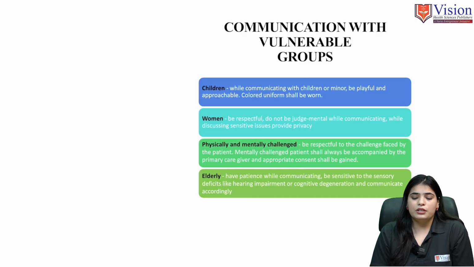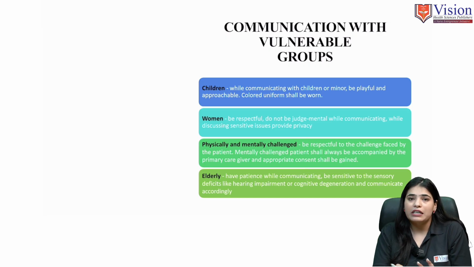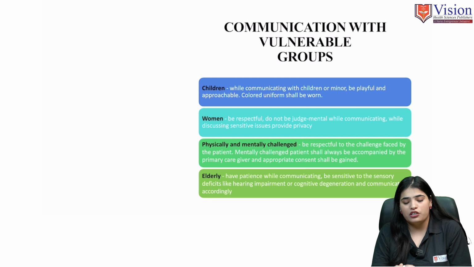So how will you communicate with vulnerable groups? As you know, children, women, and physically and mentally challenged people are the vulnerable groups. So how will you communicate with them? If children are involved, be playful, be approachable, and wear a colored uniform so that children can be attracted and take part in the communication.